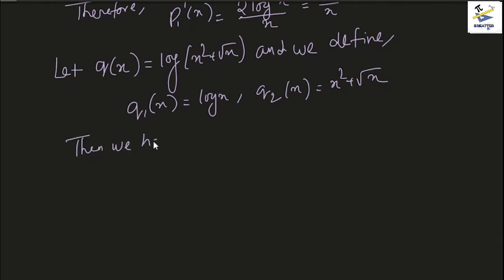Then we have q of x equals q1 composition q2 of x, right?